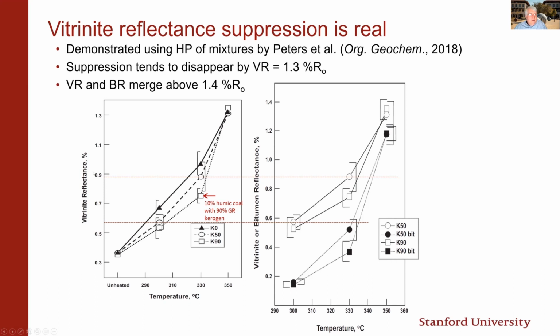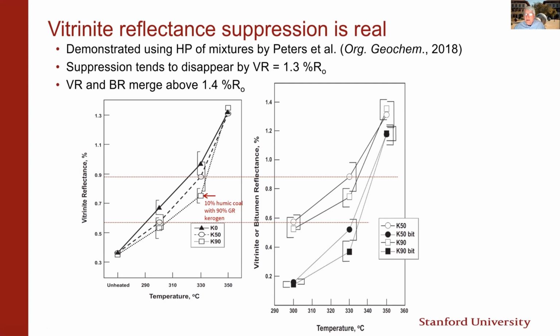This is now the vitrinite reflectance as a function of temperature in hydrous pyrolysis of mixtures of a humic coal with Green River kerogen and some cementation material. And what you see is that when you add a lot of oil-prone kerogen, the reflectance of the true vitrinite decreases, or it does not increase as much, depending on your perspective, in the main oil phase, which is sort of here.